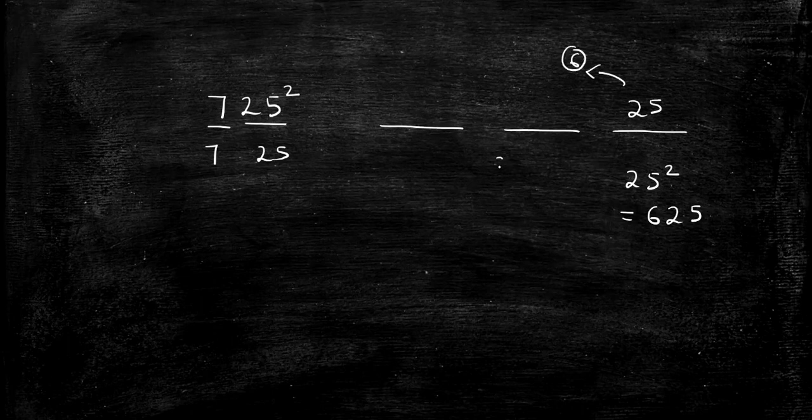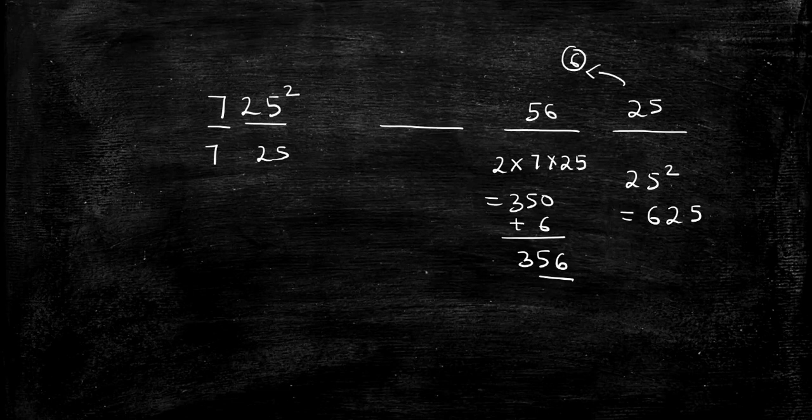The middle term then, twice 7 into 25, which would be 350, plus the carry over, we get 356. Again, I would write only the 2 digits here and 3 goes as carry forward here.